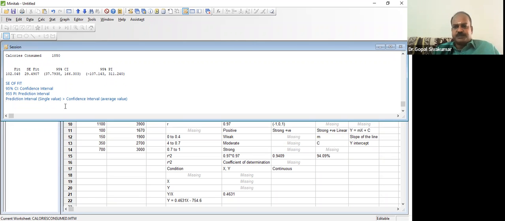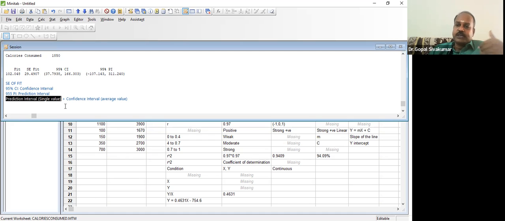Single value means I just do one experiment on X, and then I note down the value of Y. When I do only one experiment, that single value is expected to fall in the prediction interval. How many of you understand my statement?